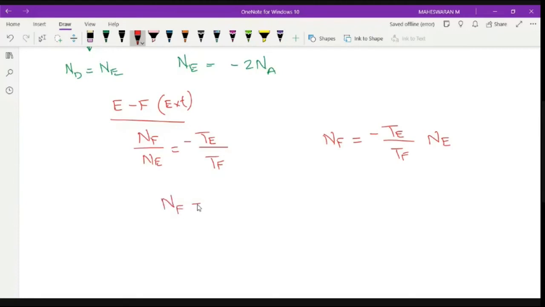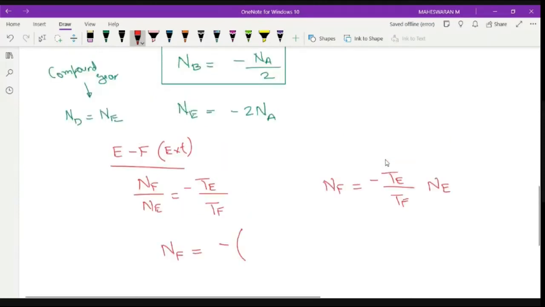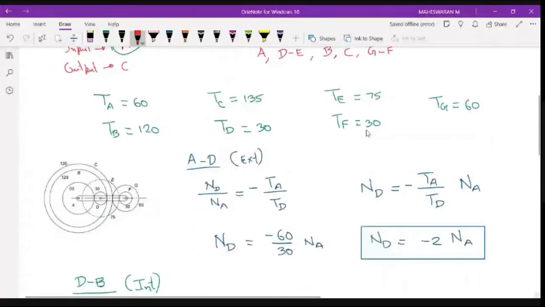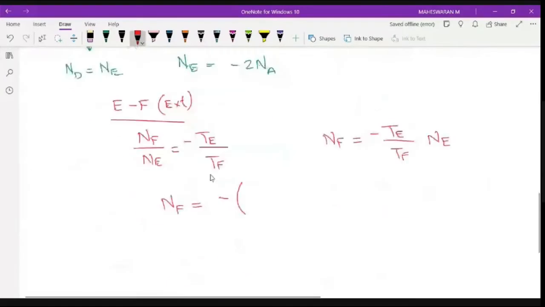NF is equal to minus TE by TF. I will substitute that also. TE is 75, TF is 30. So 75 by 30 into minus 2 NA.